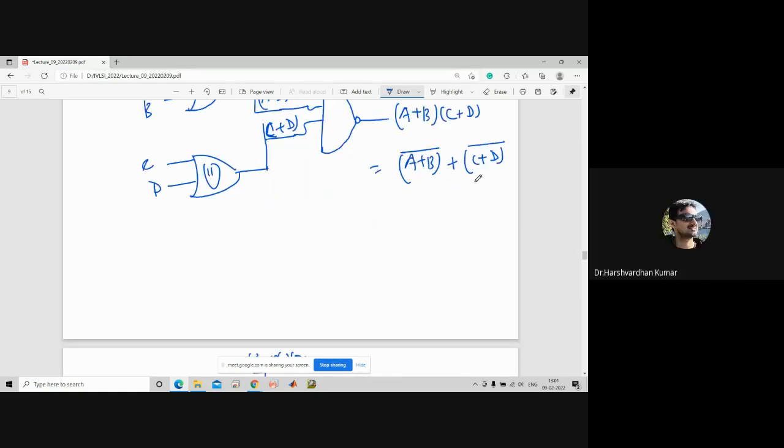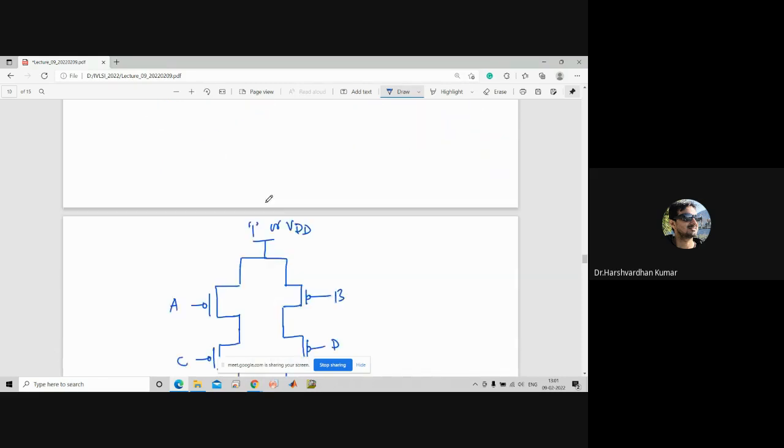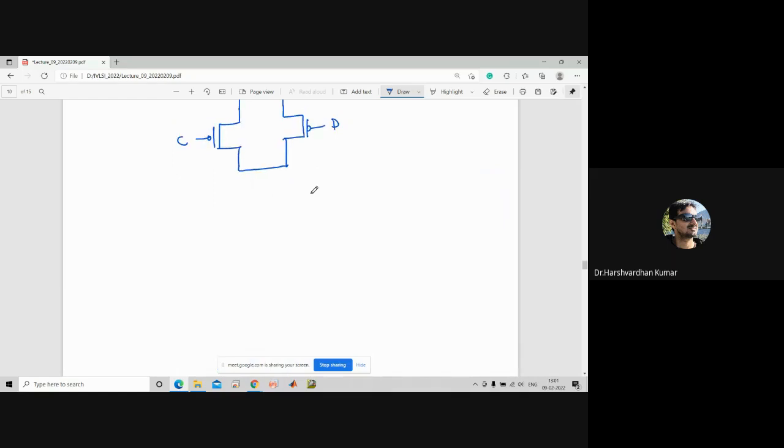So again, if you see for these operations, because let us say this is the first term and second term, then we need to connect in parallel. But because of the AND operation, this is AND, so we will need, okay, you can understand. Okay, let us see here.